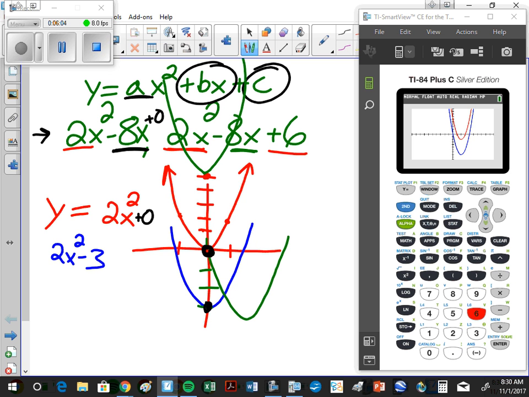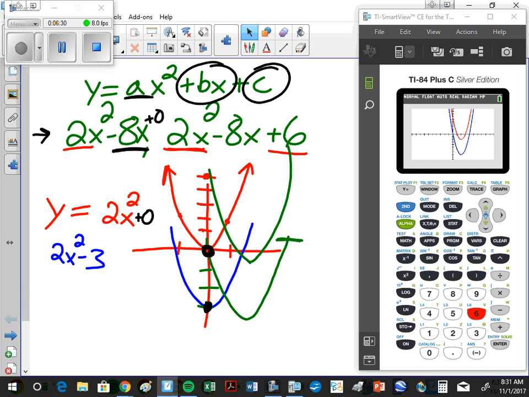And then the negative 8x tells me that I'm going to move to the right. Why would I move to the right? Because negatives and x's work backwards. So I'm going to move to the right, and as I do that, I have to keep the y-intercept at 6. So the question is, how much do I move?